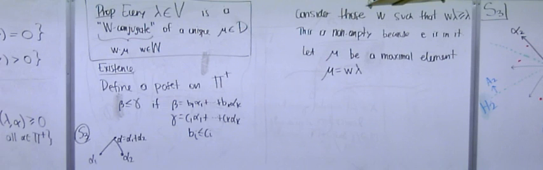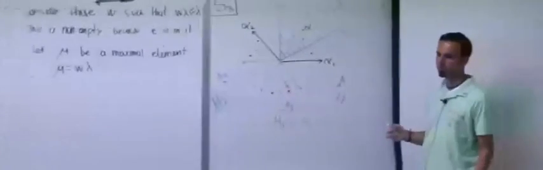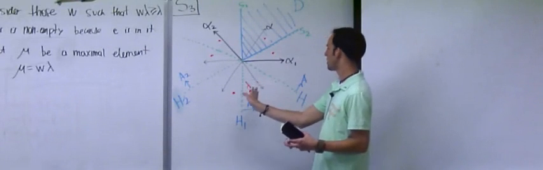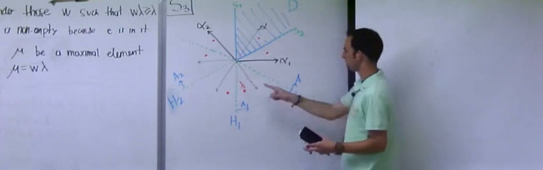So basically, these are the things W times lambda. Now, out of those, I'm going to look at only the ones that are bigger than lambda in this poset. And what that means is that I only look at those where, to go from lambda to that one, I move positively in the alpha 1 and alpha 2 direction. So for example, to go from here to here, you see that I'm actually going in the correct direction. And so lambda is less than this guy in the poset, etc. Yeah?